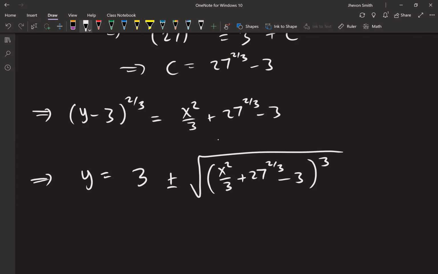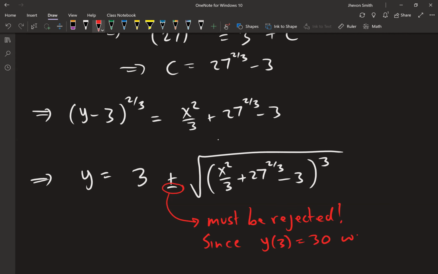But here's the thing, you're going to notice that this negative sign must be rejected. Since, and you can check this, y of 3 equal 30 would be violated if I keep it.